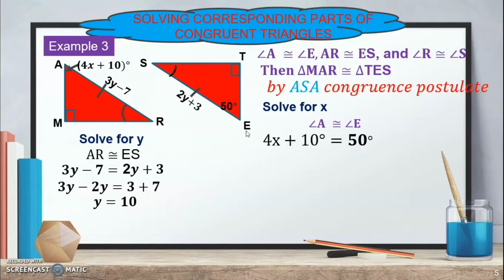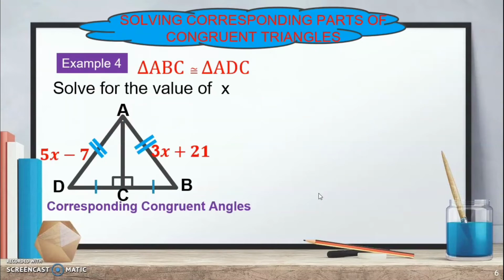Kasi congruent daw sila. So, for 4x, transpose ang 10 to the right side. So, 4x is equal to 50 minus 10, 4x is equal to 40, then x is equal to 10 by division property of equality. So, x is equal to 10. Okay.